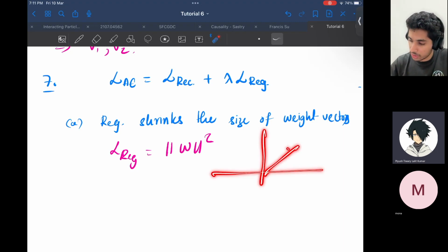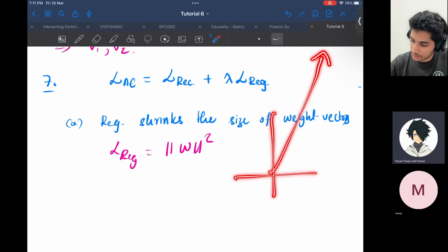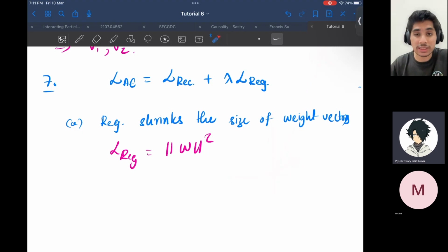It should not be very big. It should be something small. So this can be achieved. I'm not saying that it cannot be achieved.